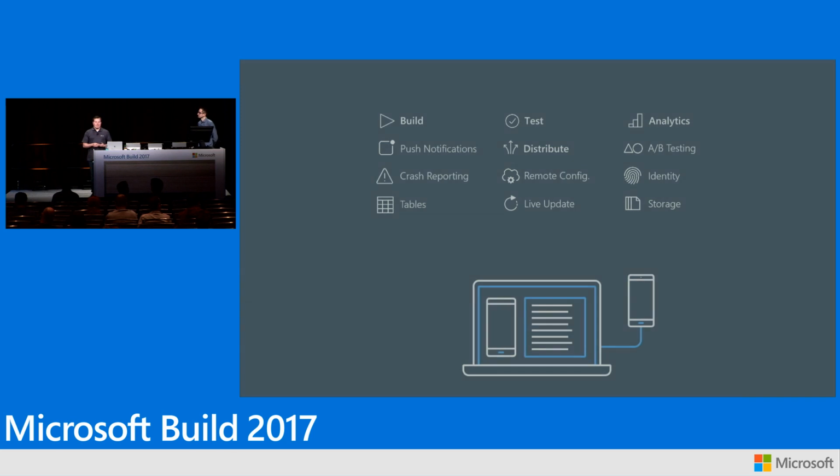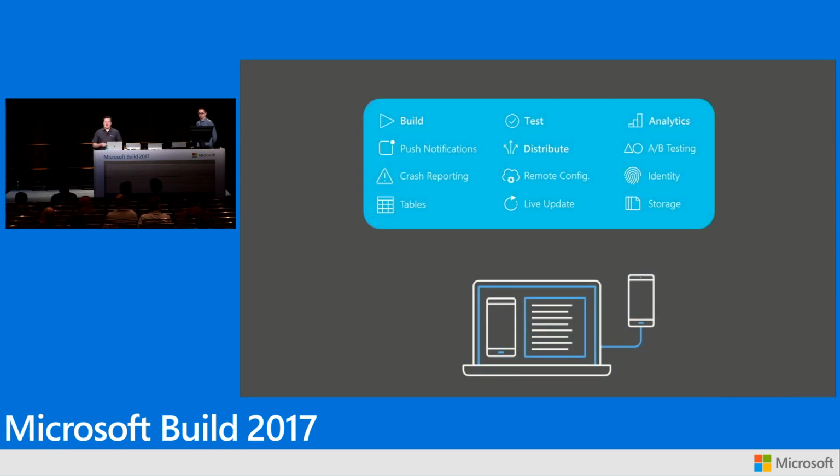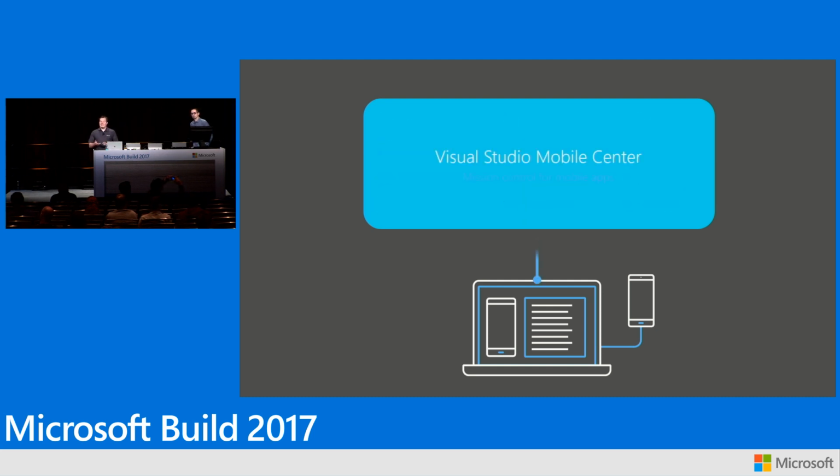And so when we take a look at just a quick overview, you can see how Mobile Center takes all of these different tasks. These are tasks that everyone eventually comes to in their application, and brings them under one umbrella product with a single consistent experience that makes it very easy to integrate all of these services into your application lifecycle.